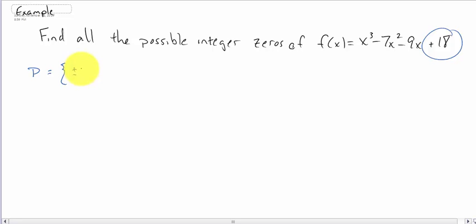So it could be plus or minus 1, plus or minus 2, plus or minus 3, 6, 9, or 18. We could just check each one of these using synthetic division and see if we end up with one that has 0 as a remainder. Great, awesome, but there's got to be a better way.